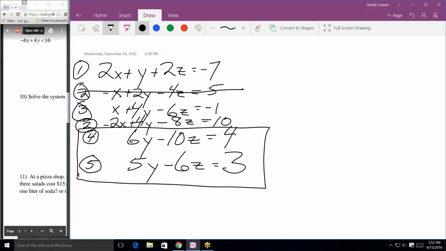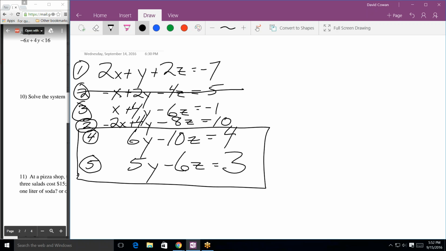I'm still going to have a y and a z. So I've got to manipulate them in such a way that one of these variables will disappear. Well, what can I do? I'm not sure. Well, it's a little bit of a tough one. You kind of have to find a least common denominator.